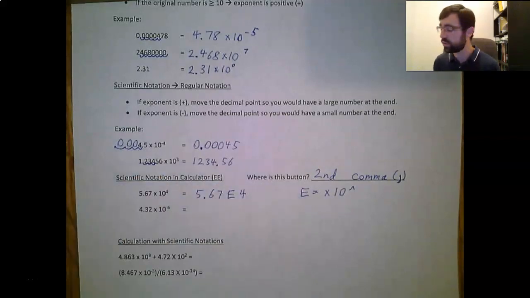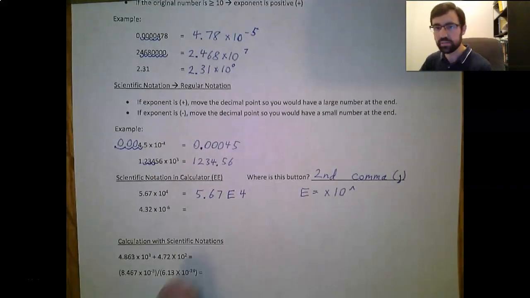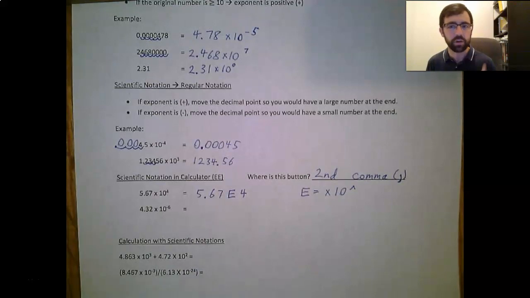Well, the problem is if you write times 10 to the power, it will mess up your order of operations. Do you remember PEMDAS? Your calculator doesn't always know how to do order of operations with scientific notation. So if we're doing scientific notation, it's important that you use the E button so it doesn't default to do PEMDAS wrong, okay? Don't worry about it too much, just make sure you always use that E button when we're talking about scientific notation.